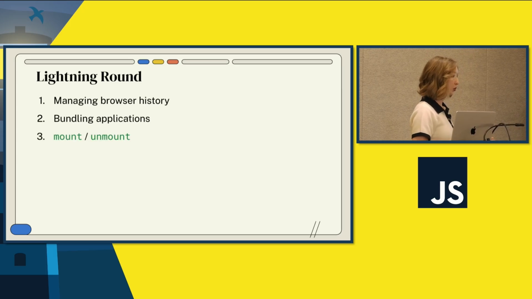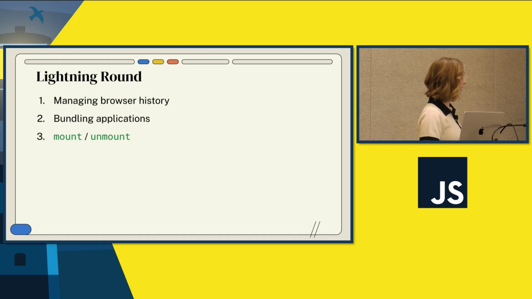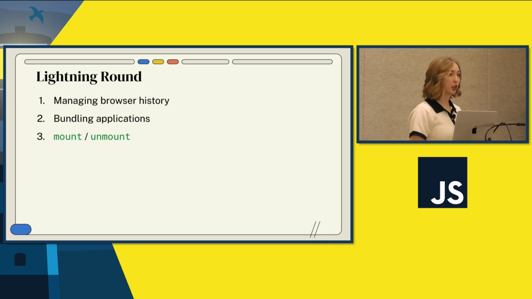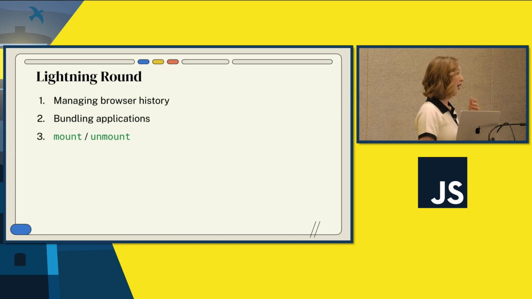So you'll need an entry point, and then you'll need to make sure your application also exits cleanly. We are using mount and unmount functions. You can pick whatever name you want here. It just needs to be standardized. So every micro front end has to have this, and the orchestrator will call in and say, great, I'm gonna mount up a function, and then when a micro front end leaves, it will call its unmount function on the way out and clean up.